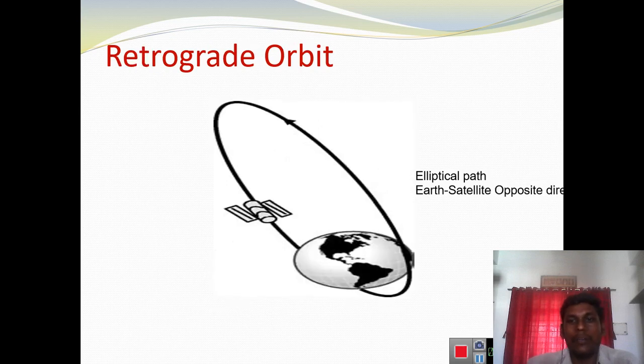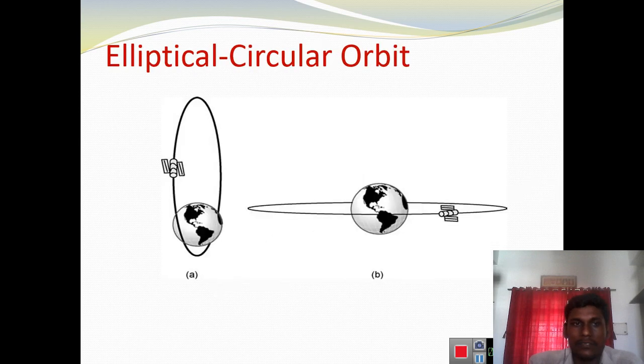And retrograde orbit, again here also the path followed by the satellite is an elliptical path, and the Earth as well as the satellite both are revolving in opposite directions. So that's why Earth as well as satellite are not following the same parameters. So the satellite follows a different angle of direction compared to Earth.